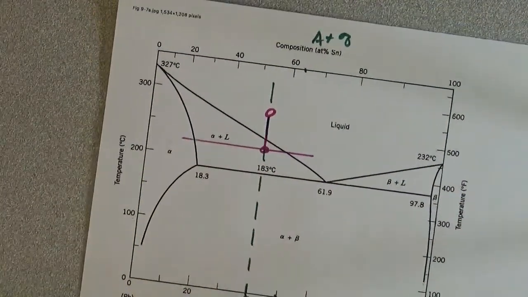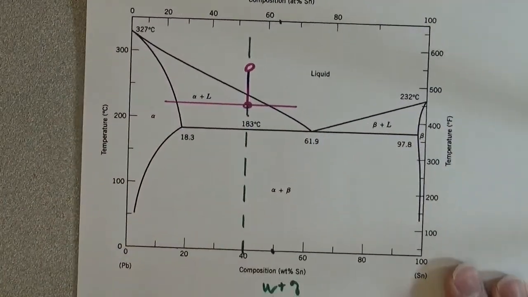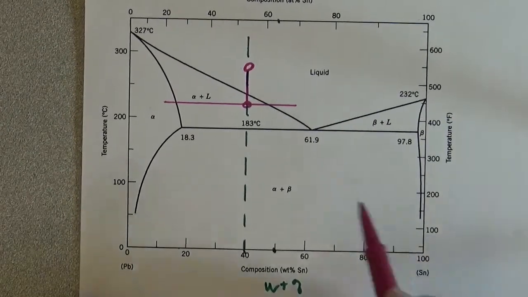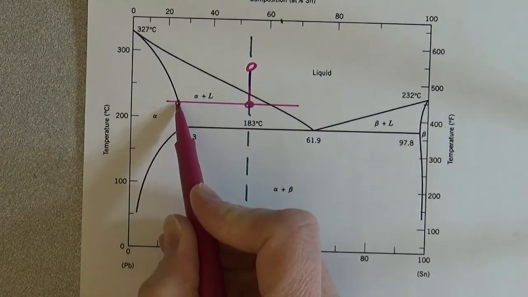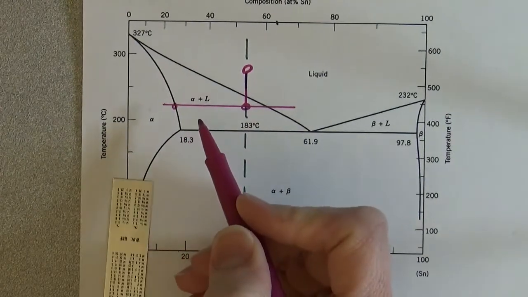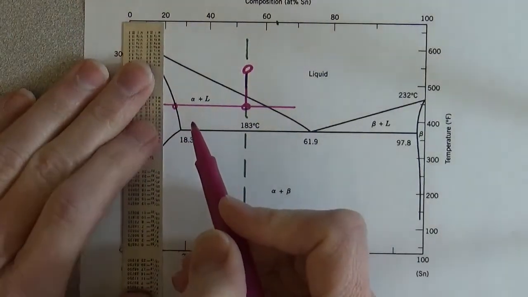What is the composition of the alpha? Where the tie line crosses into the alpha region, that gives us the composition of the alpha.